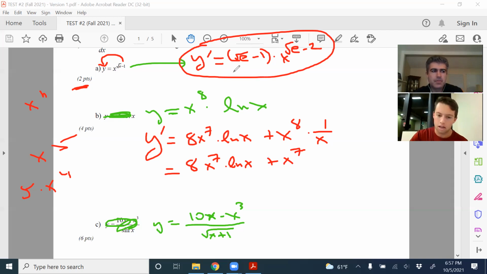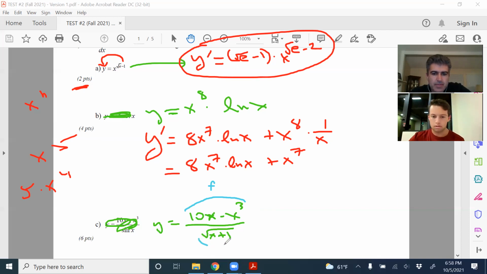Okay, got it. And then the quotient rule, I think I understand this one. 10x minus x to the third. Oh, but it's rooted. Do I deal with the root first? Okay, so here, remember it's the quotient rule.